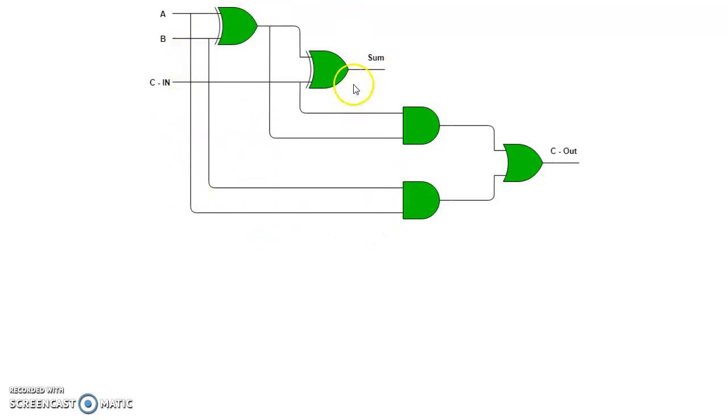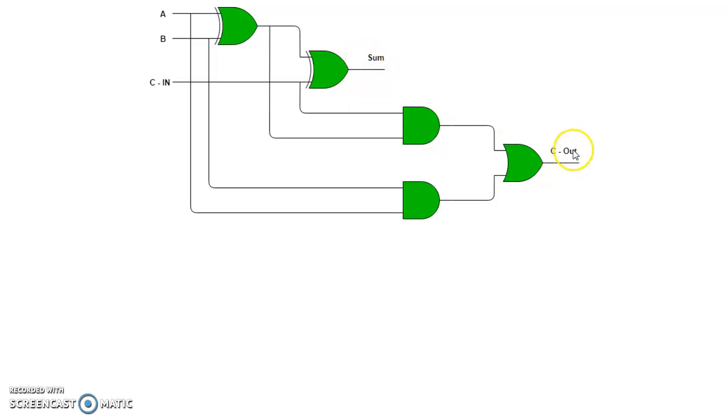First, the logical expression for sum is A XOR B XOR Cin, so here we use two XOR gates. The inputs to the first XOR gate are A and B, so the output is A XOR B. For the second XOR gate the inputs are A XOR B and Cin, so the output is A XOR B XOR Cin, that equals sum.